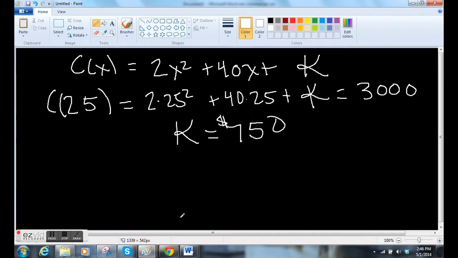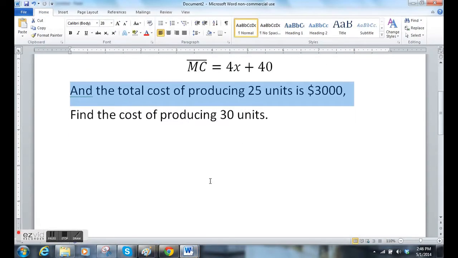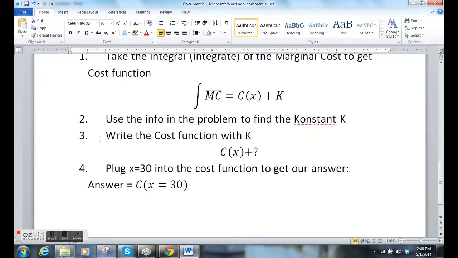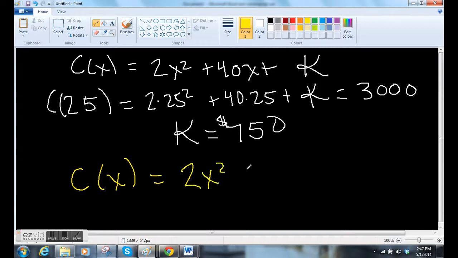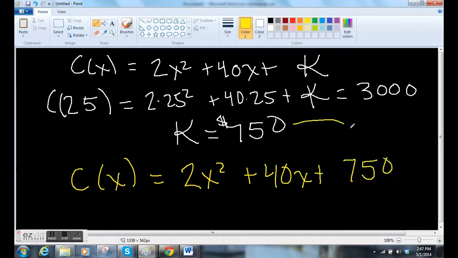Now we are on step 3, so write the cost function again with the k. Your cost function is actually 2x squared plus 40x plus 750.